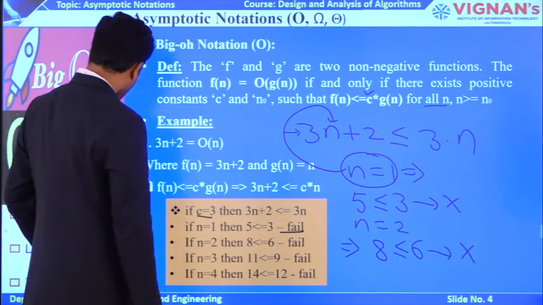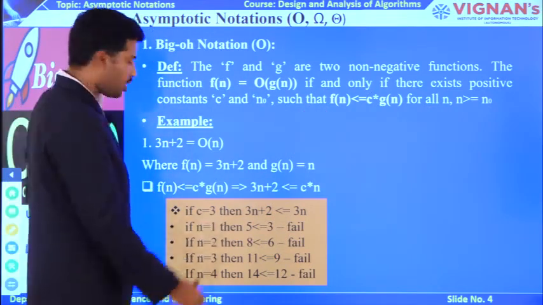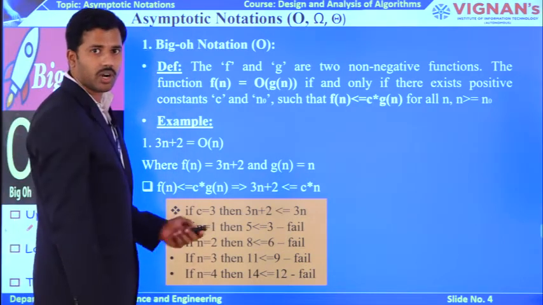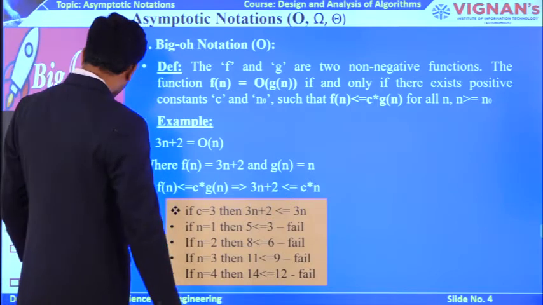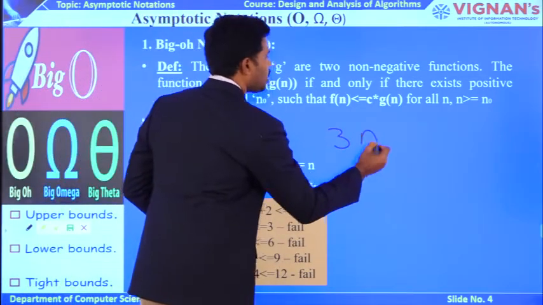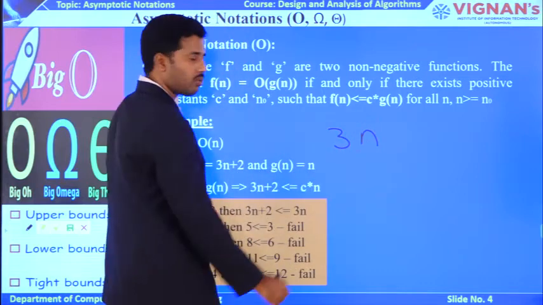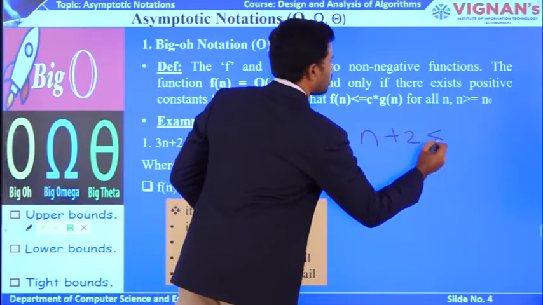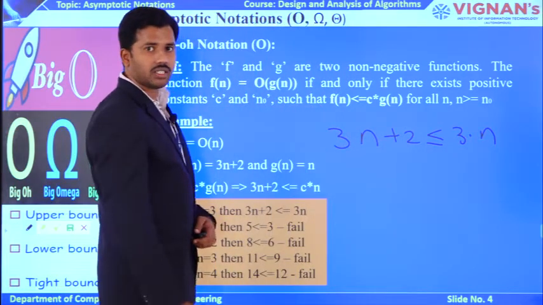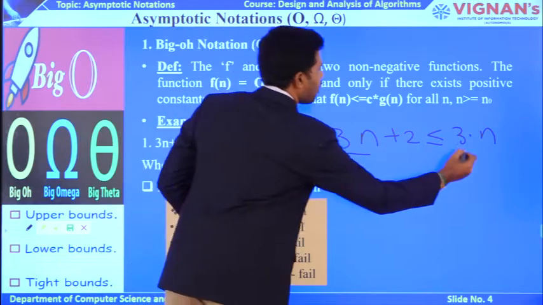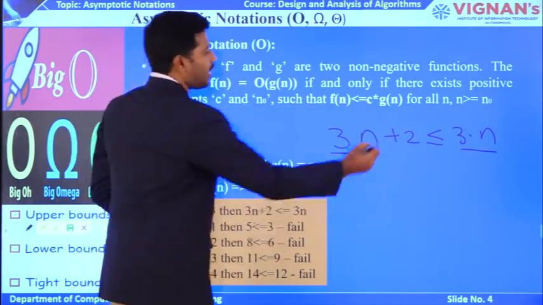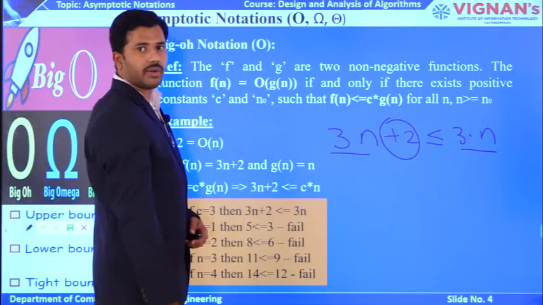Now, you can ask one doubt: why is this relation not satisfied for all n values starting from 1 and so on? If you observe very carefully, if C equal to 3, 3n plus 2 less than or equal to 3 into n. By comparing f of n and g of n, both functions have equal power 3n. But f of n has 2 constant value extra.